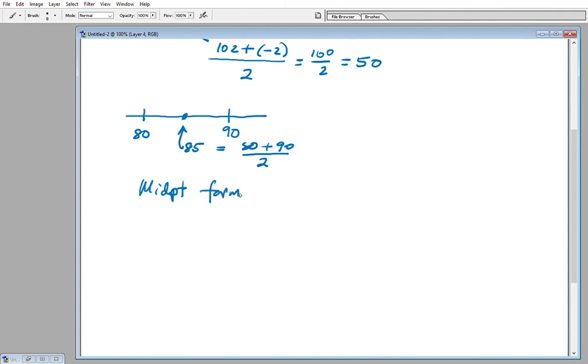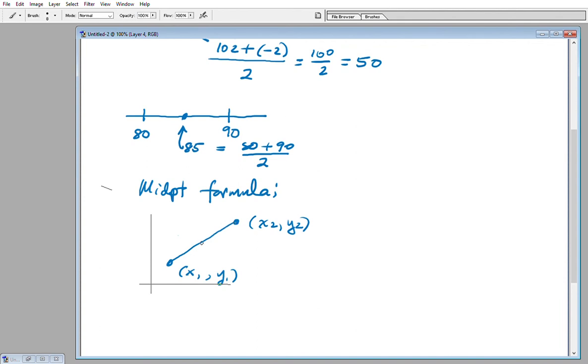Here in the coordinate plane, if we have 2 points, let's call them the first one x1, y1, and the second one x2, y2, and connect them.